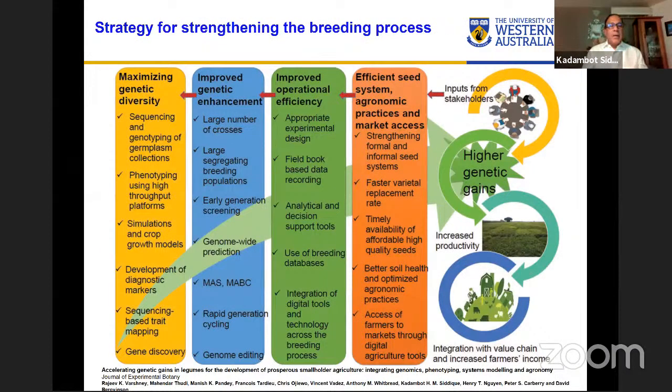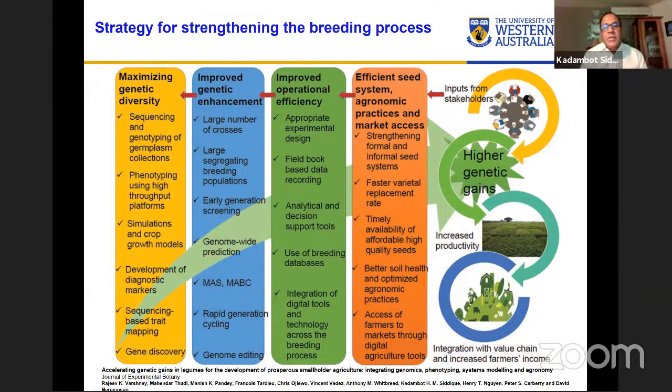My last slide, Chairman: whatever we do, the strategy for strengthening the breeding process, because my topic is about breeding. I showed some physiology, then I showed how we can have an efficient phenotyping system. I showed the physiological basis of whatever we found in water or nutrient uptake, particularly phosphorus.